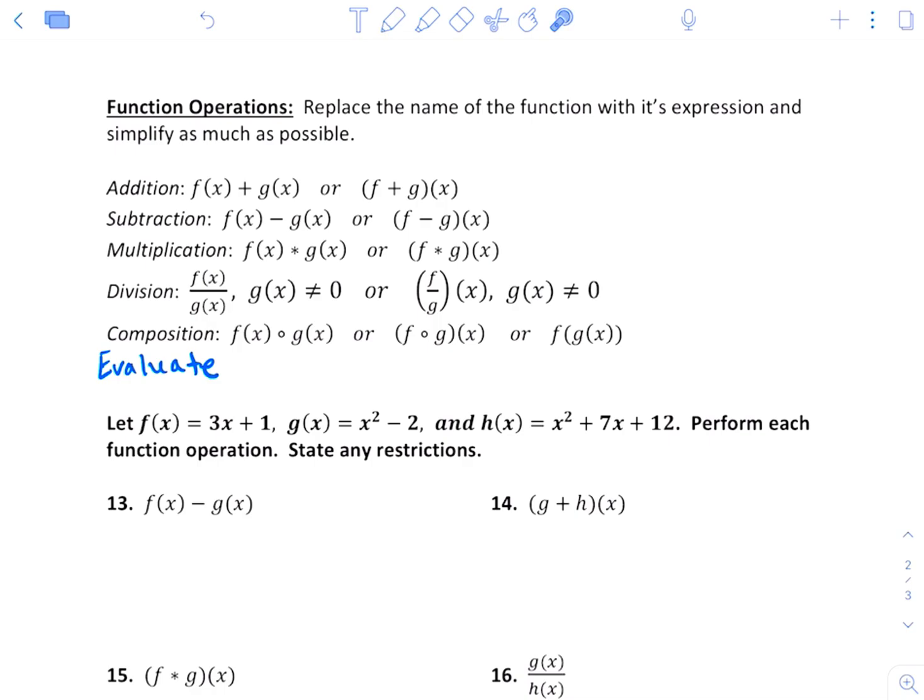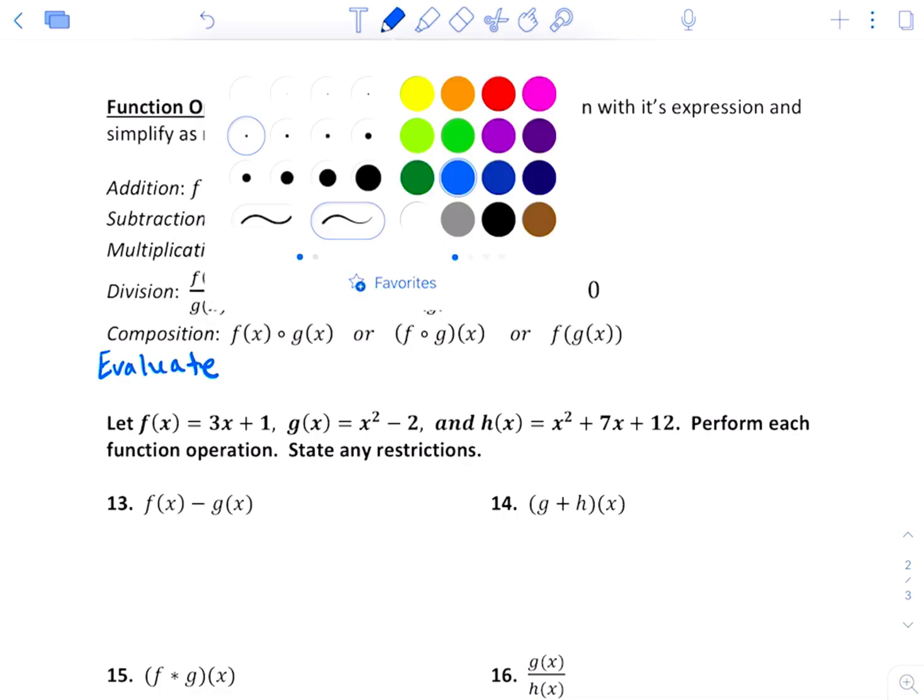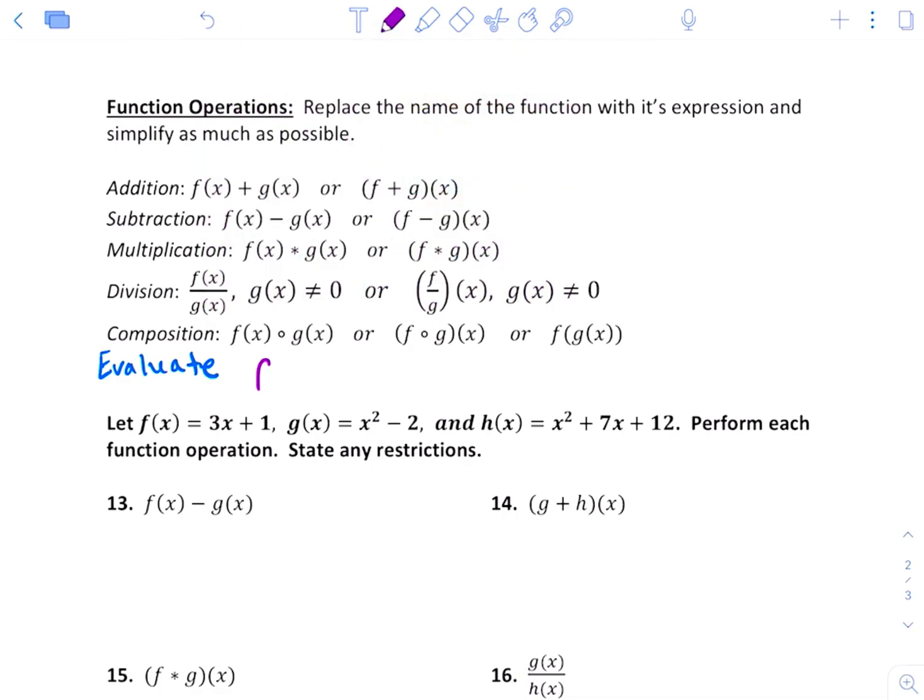Okay, so the way that we say this is f of g of x. Okay, so that's the way that we would read it. Same thing, this one, this is f of g of x. Or if we write it as if we were evaluating it, so like this is f of g of x. Now we can also see it the other way.